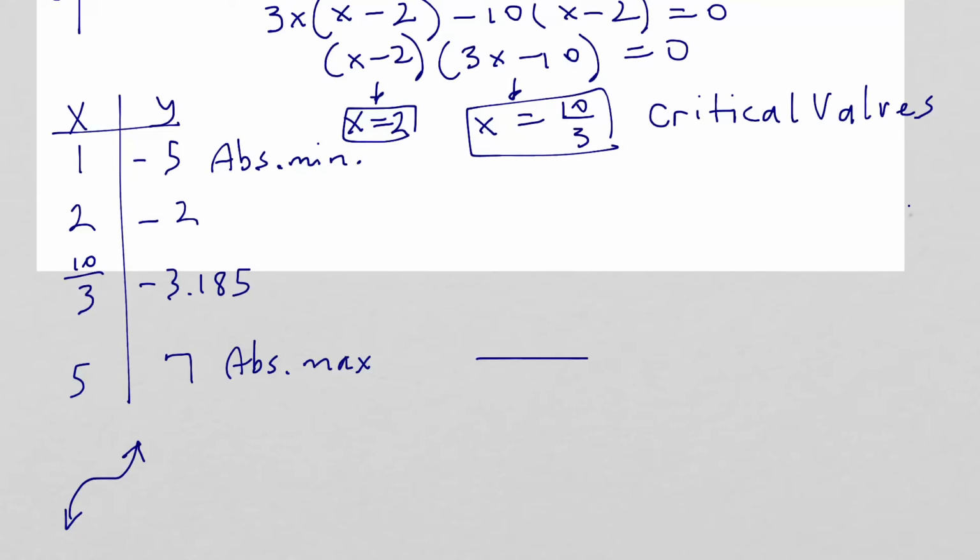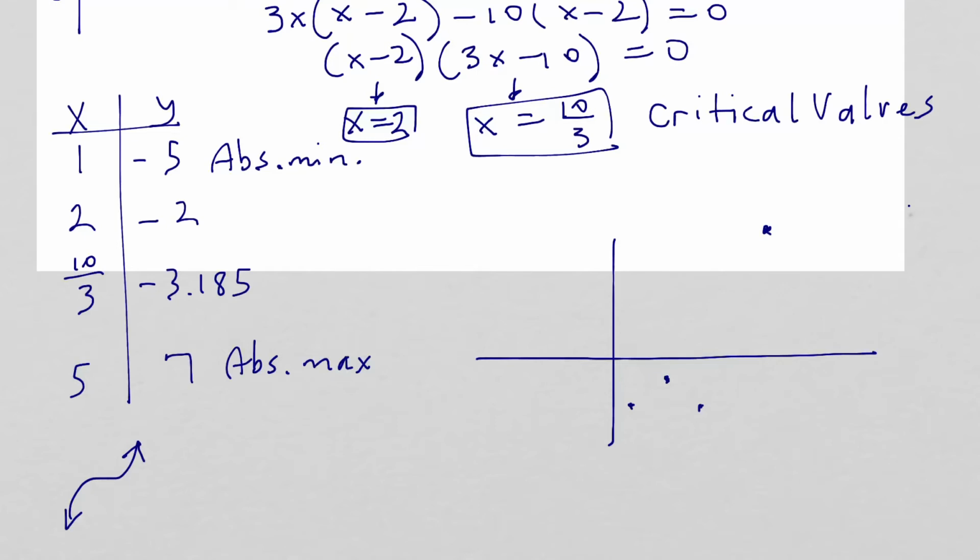So I'm just going to make a really rough sketch to get an idea of what's going on. I've got the point (1, negative 5), I'm going to say that's here. (2, negative 2), let's say that's here. (10/3, negative 3), so roughly here. And (5, 7), so let's say that's here.